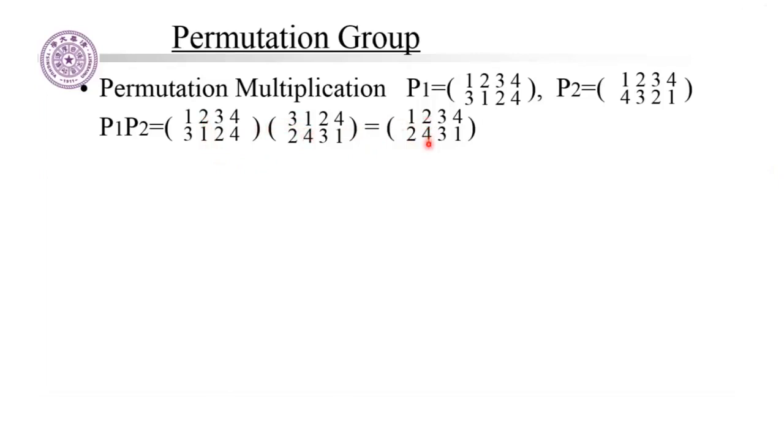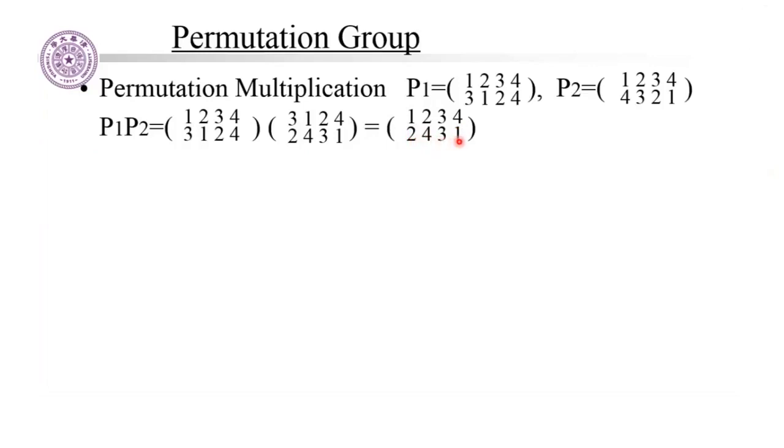Therefore, 2 needs to be transformed into 4. 3 transforms into 2, 2 transforms into 3, so 3 transforms into 3, and 4 transforms into 1. The result of P1 multiplied by P2 is that 1, 2, 3, 4 is transformed into 2, 4, 3, 1.